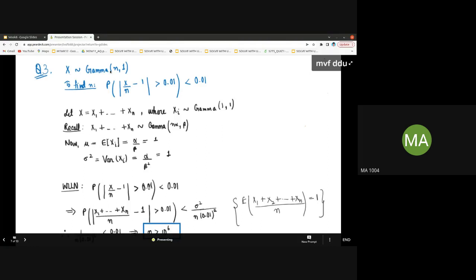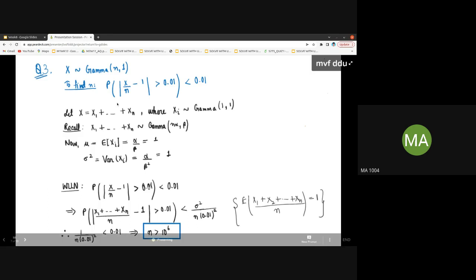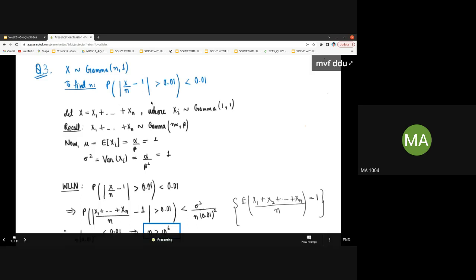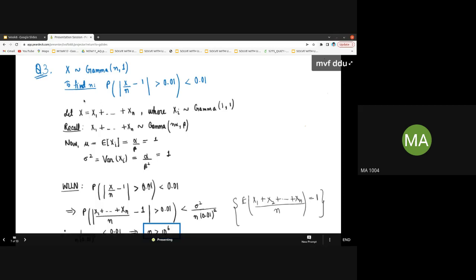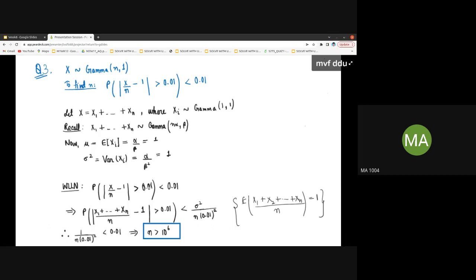First of all, it is given that x follows gamma n comma 1, and we have to find n such that the probability that mod x by n minus 1 greater than 0.01 is less than 0.01. Now what we have assumed is let x be equal to the sum of n random variables x1, x2 to xn, where each of the xi's follows gamma 1 comma 1.